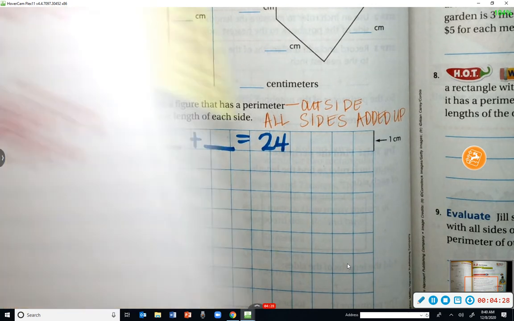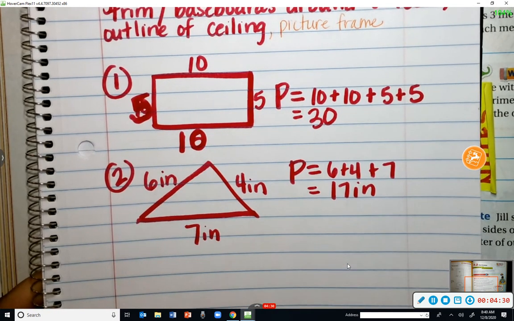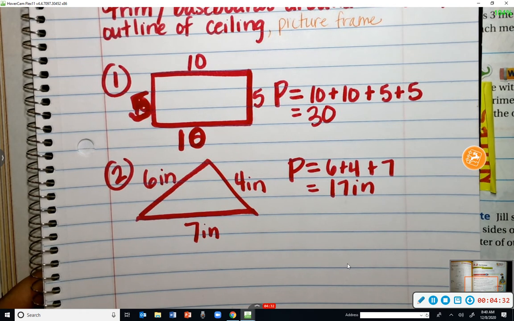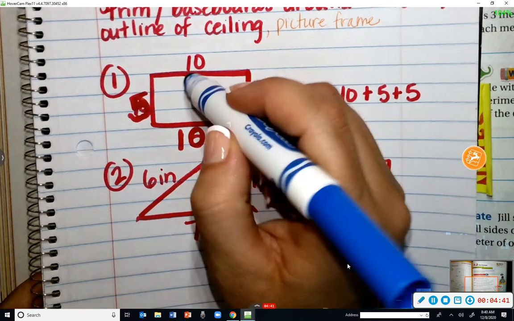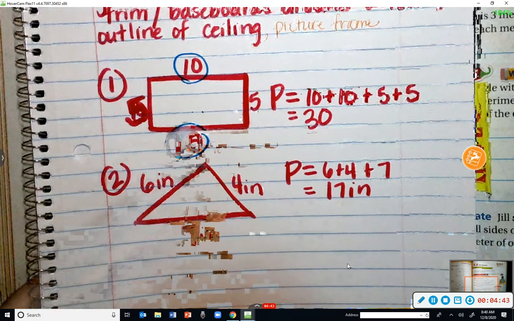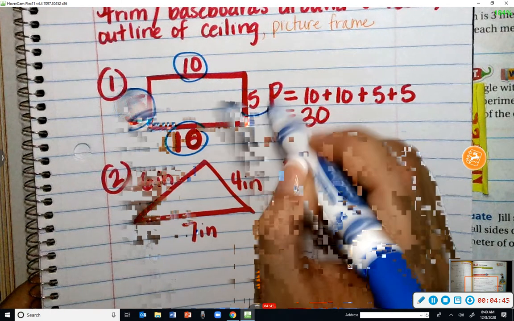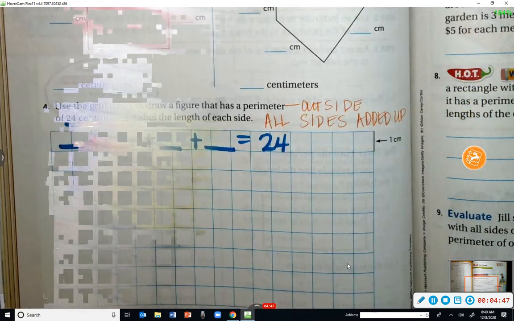What was special about a rectangle? The top and bottom are the same. Yes. Very good. The top and bottom will be the same number, and the left and right will be the same number. Okay? So let's just start off with any number.